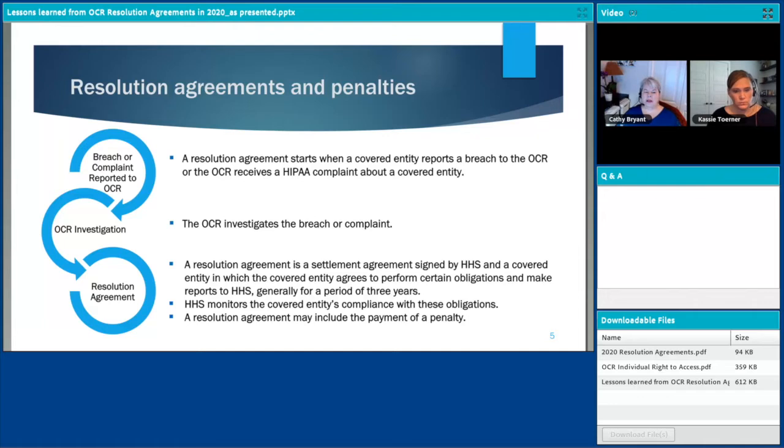So a resolution is literally a signed settlement agreement between Health and Human Services, or the OCR, and the covered entity, in which the covered entity agrees to perform certain obligations to make reports to Health and Human Services, generally for 3 years. Health and Human Services monitors the organization's compliance with these obligations, and often the resolution agreements do include a payment of a penalty.